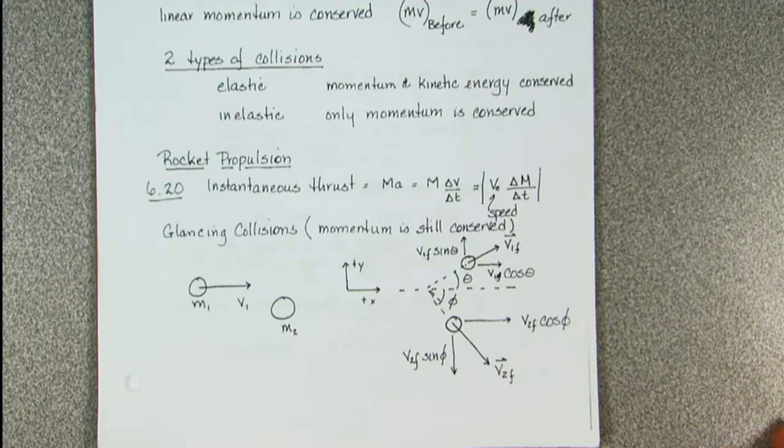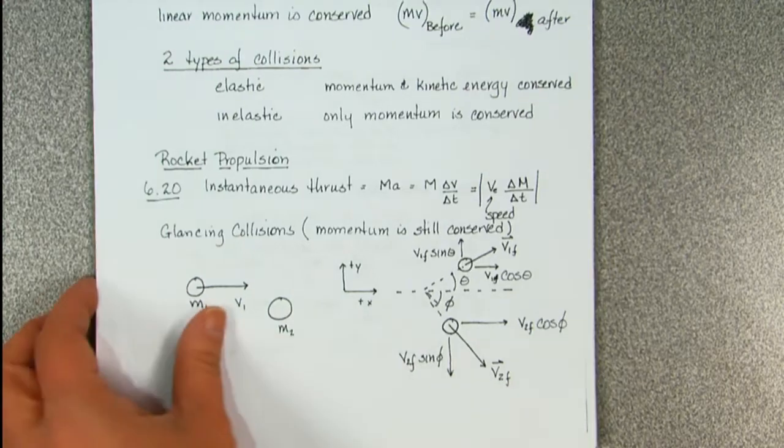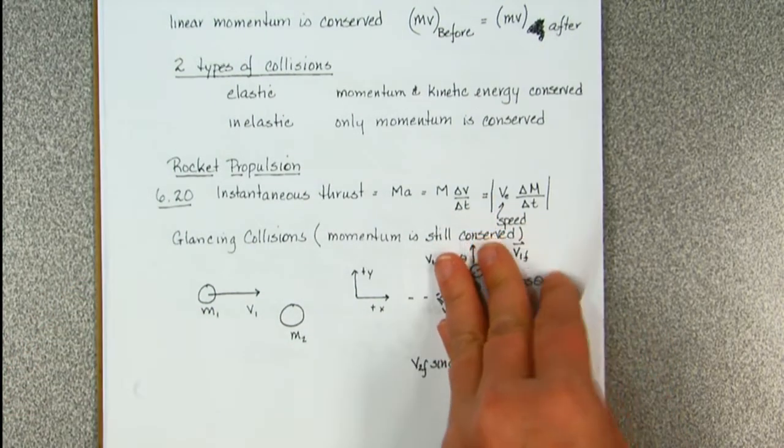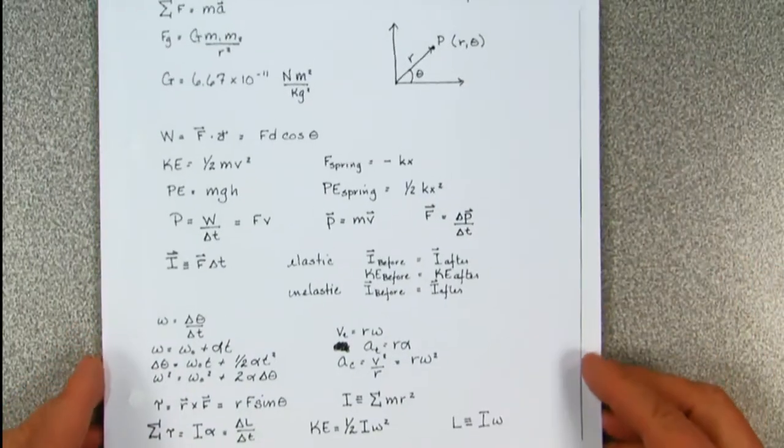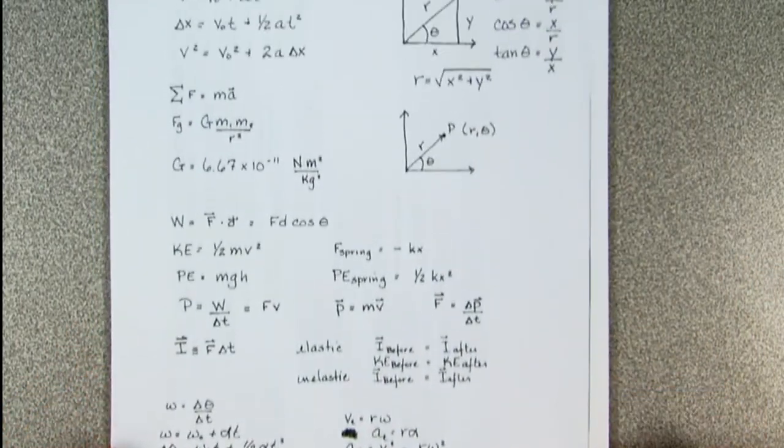But there won't be a rocket thrust problem on there. If I were making a sheet for any exam up to this point, this is what it would look like.